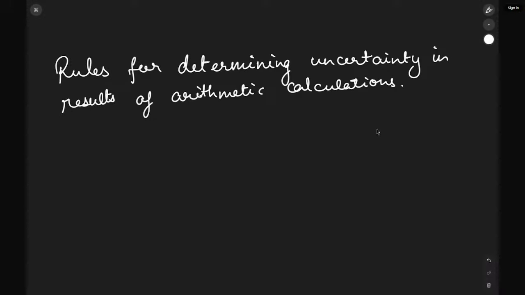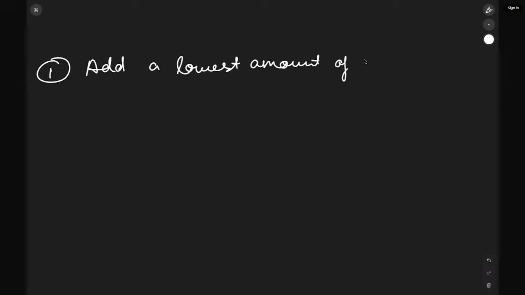Now, to calculate the uncertainty, the process that must be used is noted as follows. First of all, what you will do is add the lowest amount of uncertainty in the original numbers.